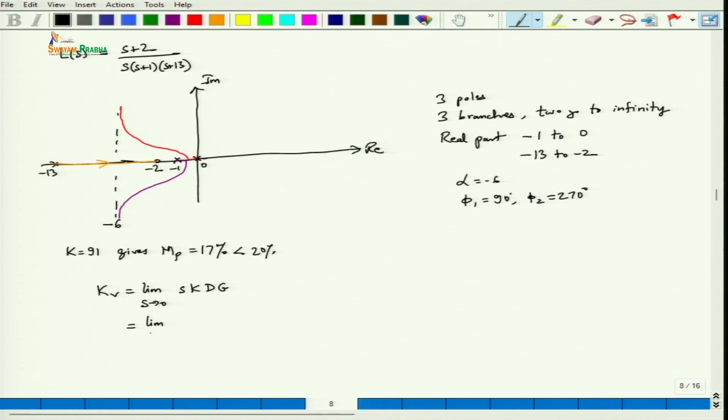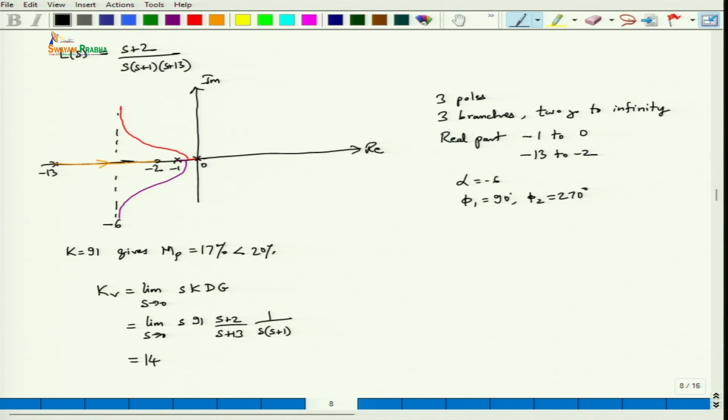So, we get limit s tends to 0 of s times K, which in this case is 91 (s plus 2)/(s plus 13), and G is 1 divided by s into (s plus 1). If we plug in the values, we find that this value will be equal to 14.